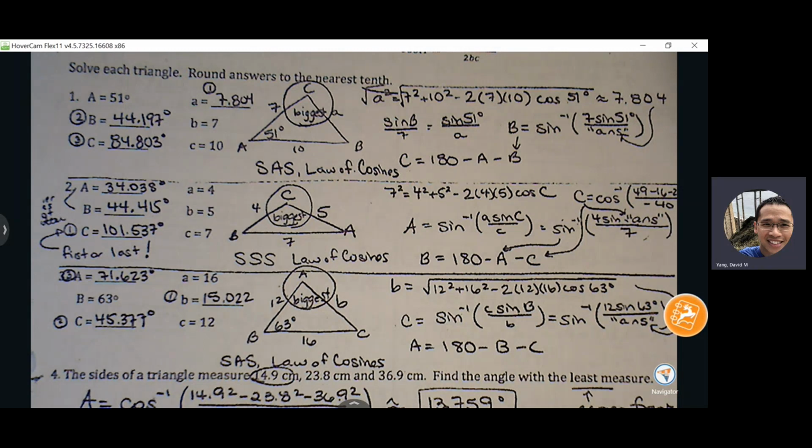The angle that's the biggest will have the largest corresponding side, right? That's right, yes.